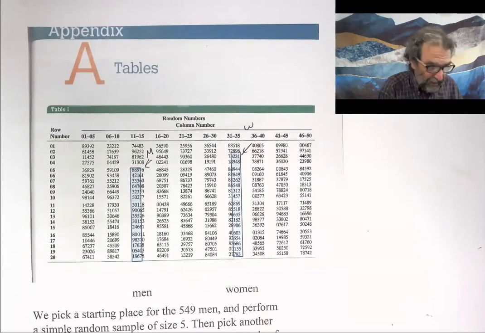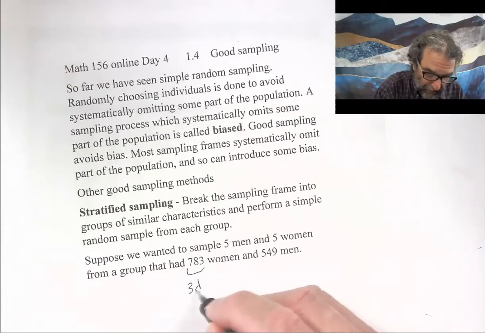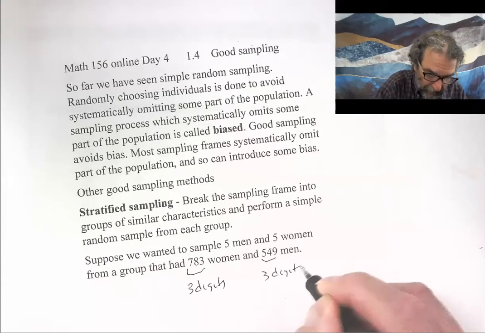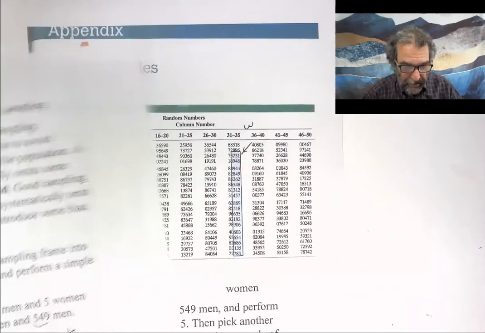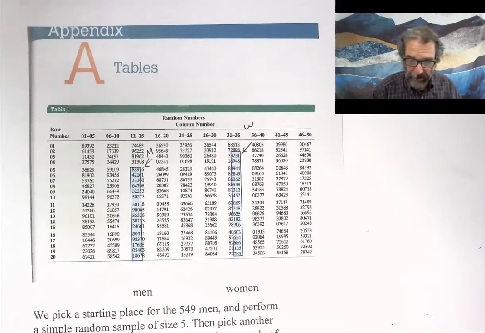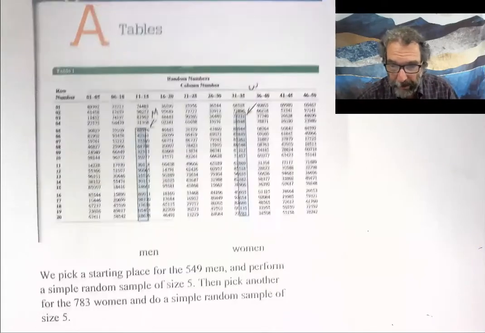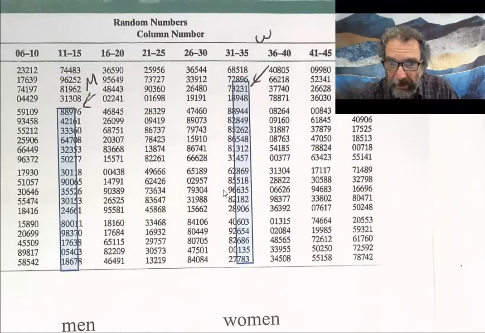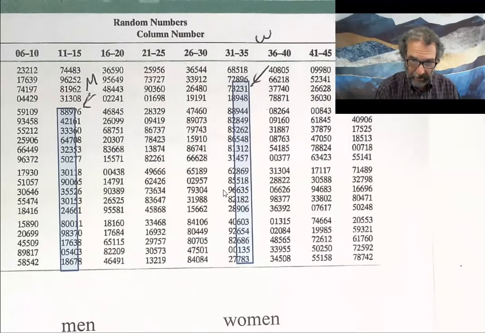Since the groups are using 3 digits each, we block off 3-digit blocks. Now I'm going to zoom in a little bit more and see what that looks like. It doesn't really matter which part of those tables of numbers you use for your 3-digit blocks. I just randomly chose some block positions.